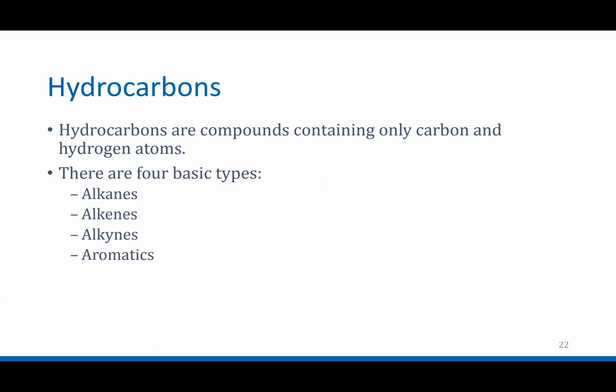Like I think in chapter 5 we'll talk about PAHs, polyaromatic hydrocarbons, with multiple rings and multiple functional groups. But the basic types, and specifically in this course, are alkanes, alkenes, alkynes, and aromatics.